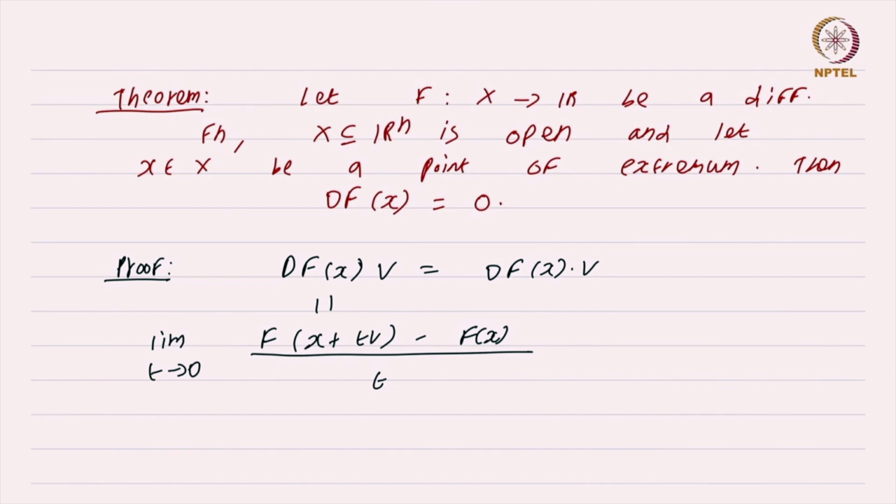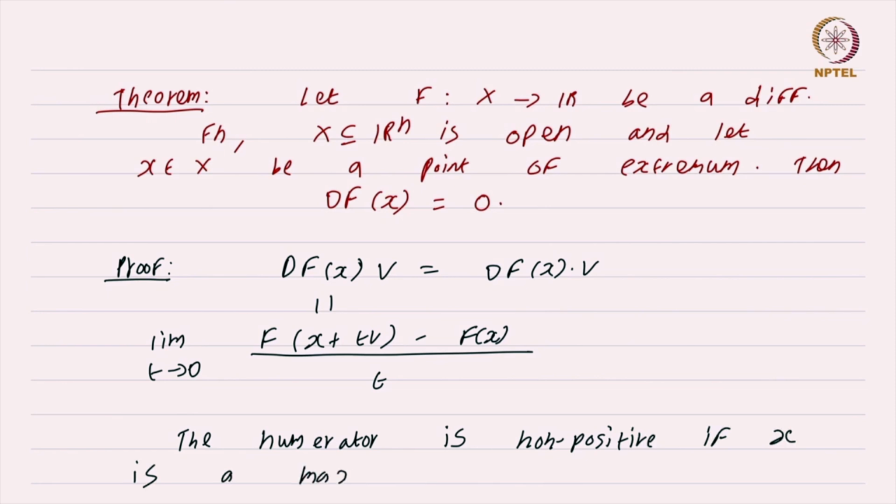Now the numerator is non-positive if x is a maximum. At a point of maximum, when you are close enough to the point x, the values of the function will be less than or equal to the value of the function at x.